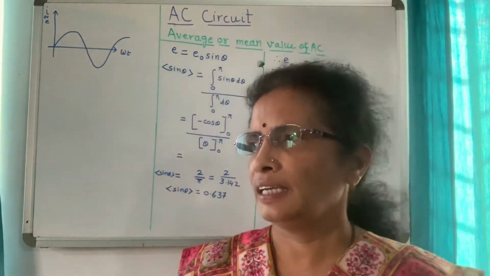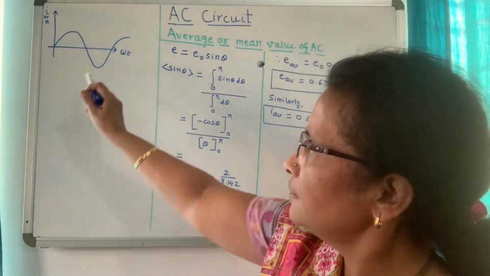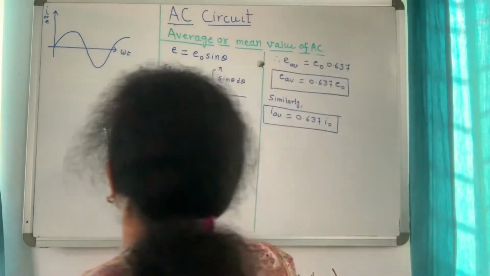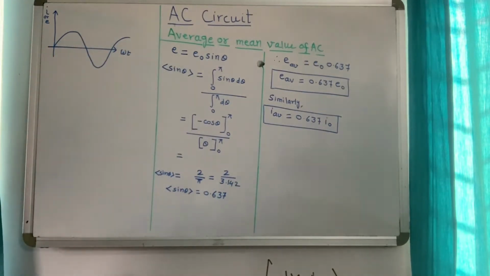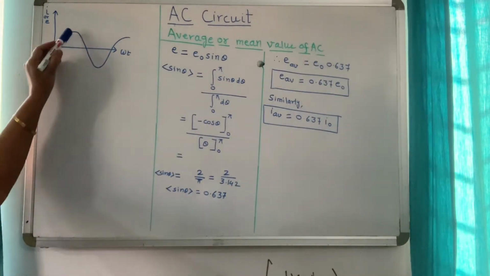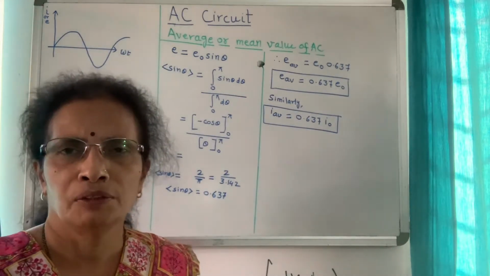AC means alternating current. Alternating current means, see this diagram, this is the graph of omega t versus current or EMF. This is a sine curve. Alternating current is the sinusoidal curve.